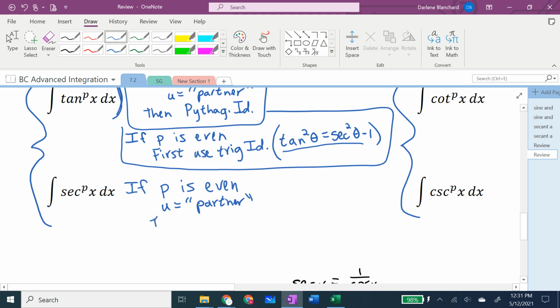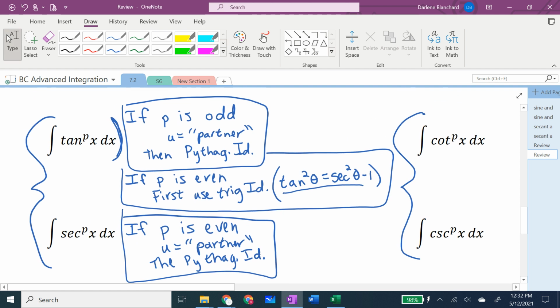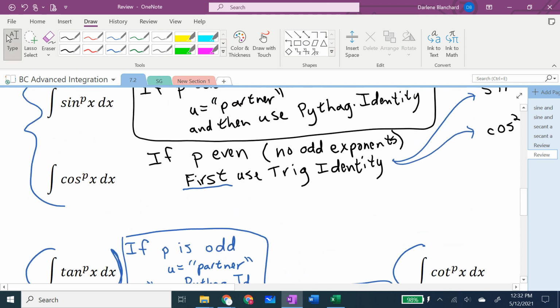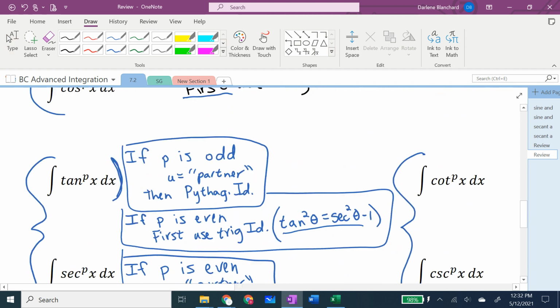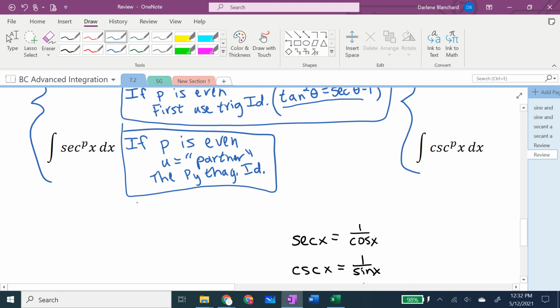And then we're going to use the Pythagorean identity. And do you see how similar this is with these three trig functions for p being odd? It's the same idea. Secant is the one thing you don't want to show up even.